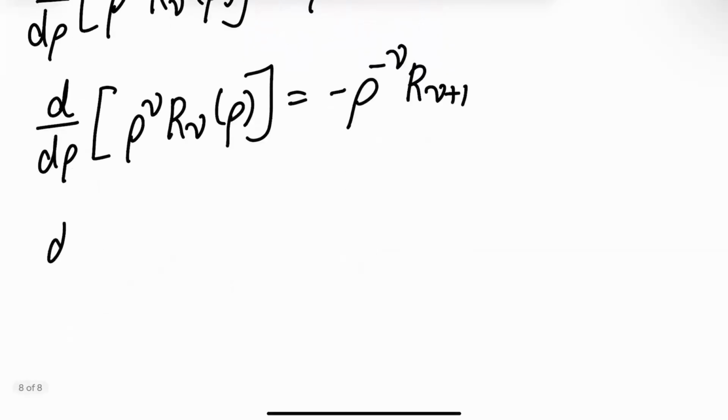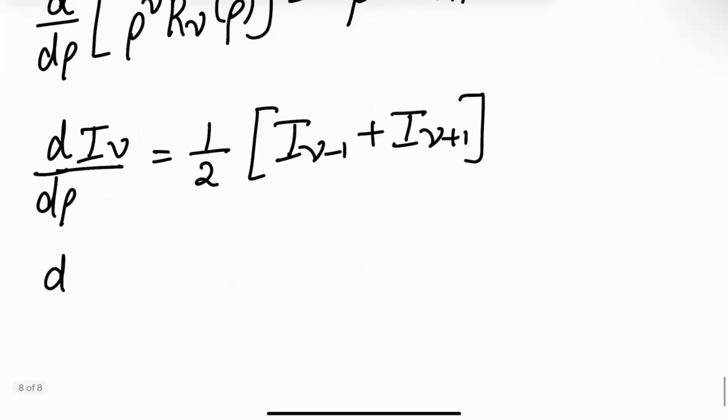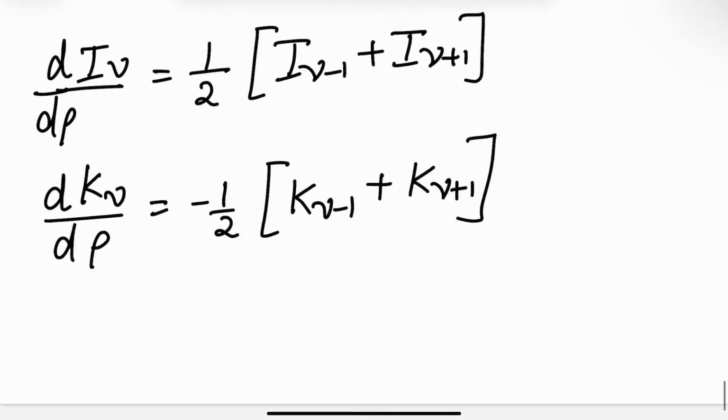Okay, so modified Bessel functions also have similar relations. dI_ν/dρ = (1/2)(I_{ν-1} + I_{ν+1}), and dK_ν/dρ = -(1/2)(K_{ν-1} + K_{ν+1}).